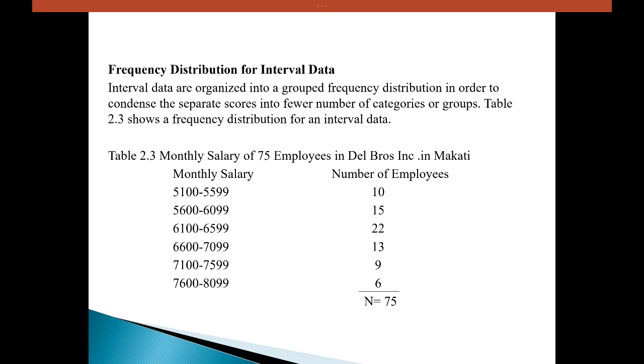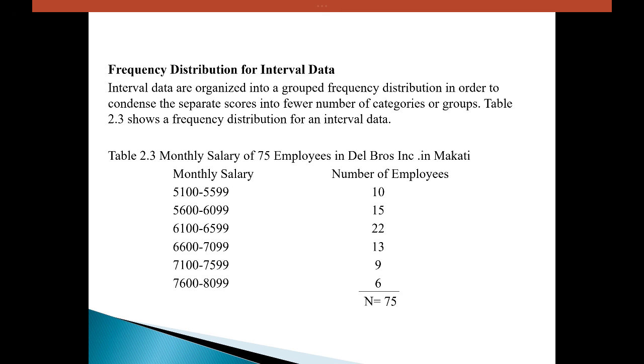Your upper limit is the larger number. So in the class interval of 5,100 to 5,599, which of these two is the upper limit? It is the larger number, 5,599. That is your upper limit. And the lower limit is of course the lower number, 5,100.